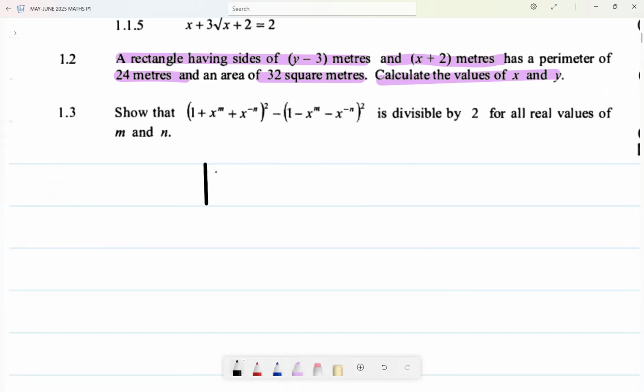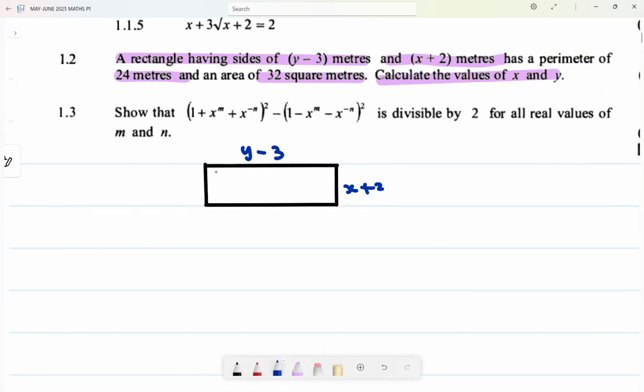If I'm having a rectangle like that, it's not that difficult, but people will see it as difficult. So having sides y minus 3 and x plus 2, they did not tell me which one is the breadth and which one is the length. You can say this is the x because it's horizontal, and this one the height. It's the same thing. What I'm told is that the perimeter is equal to 24.